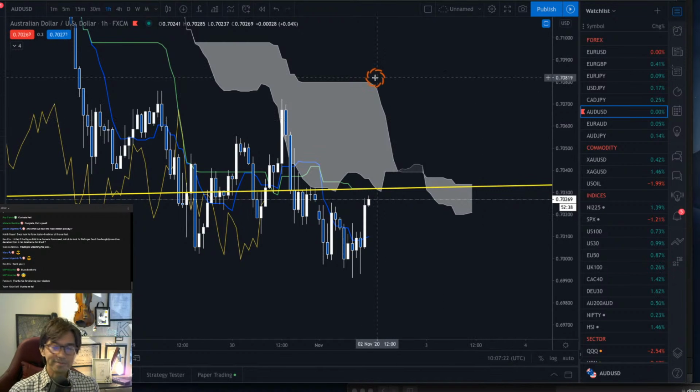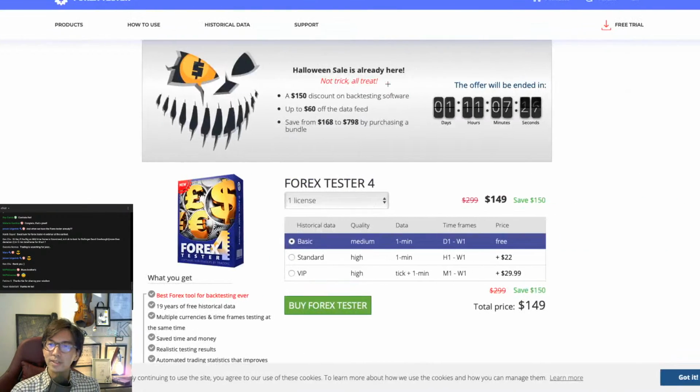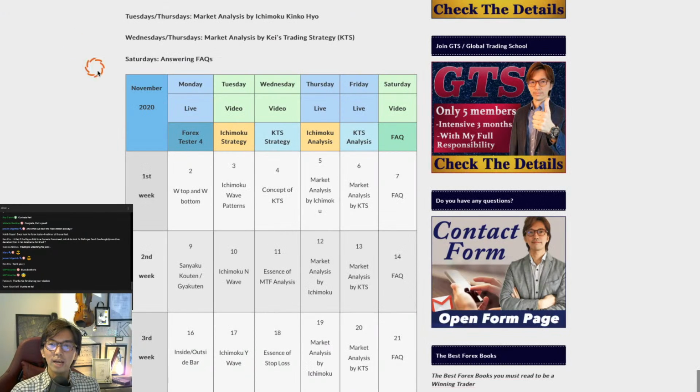So tomorrow, let me just do a quick recap of what I will be talking about. Tomorrow, Tuesday, and Wednesday will be recorded videos. There won't be any live streams. Tomorrow, I will talk about Ichimoku wave patterns.